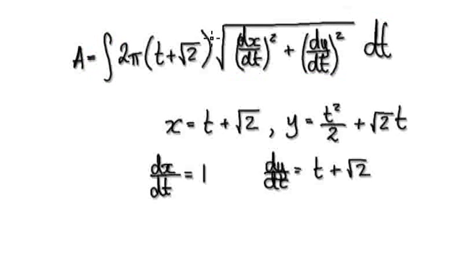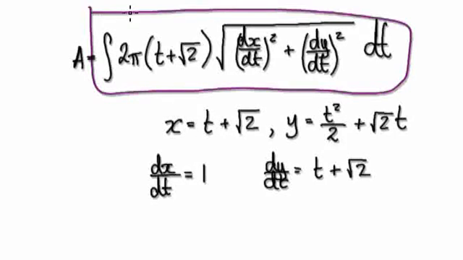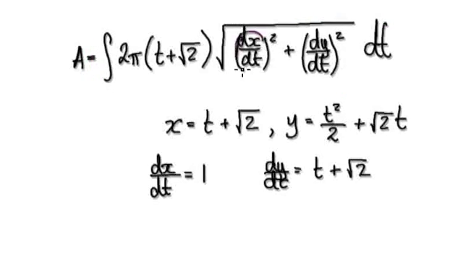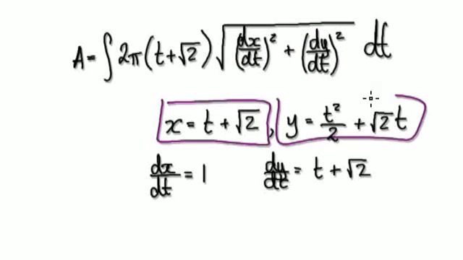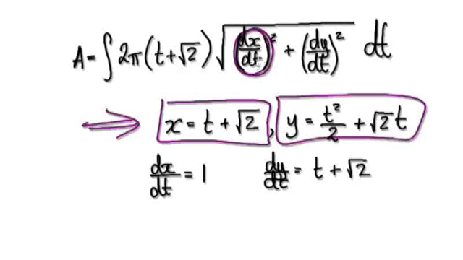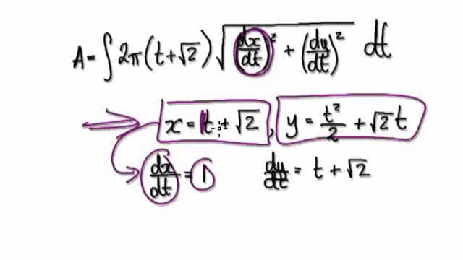So when you come to integrate this, to work out the surface area, you still need to work out dx by dt and dy by dt. Our original parametric equations were given by these. Differentiating this gives dx by dt equals 1.